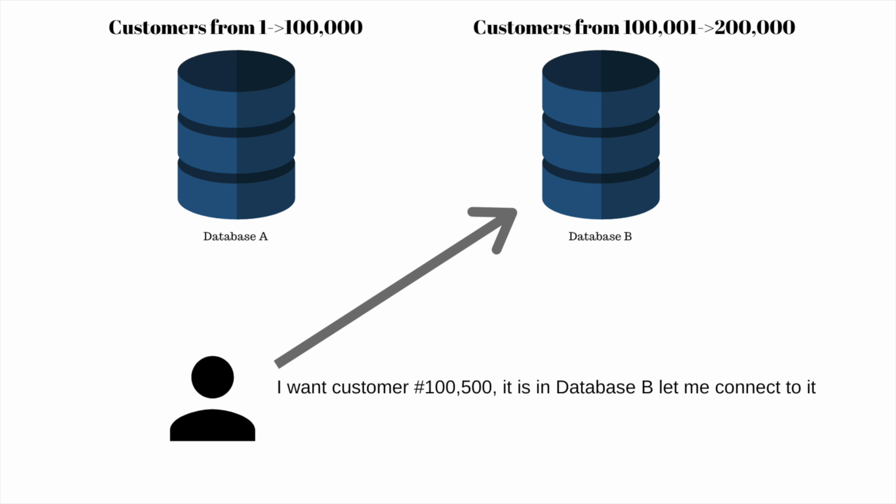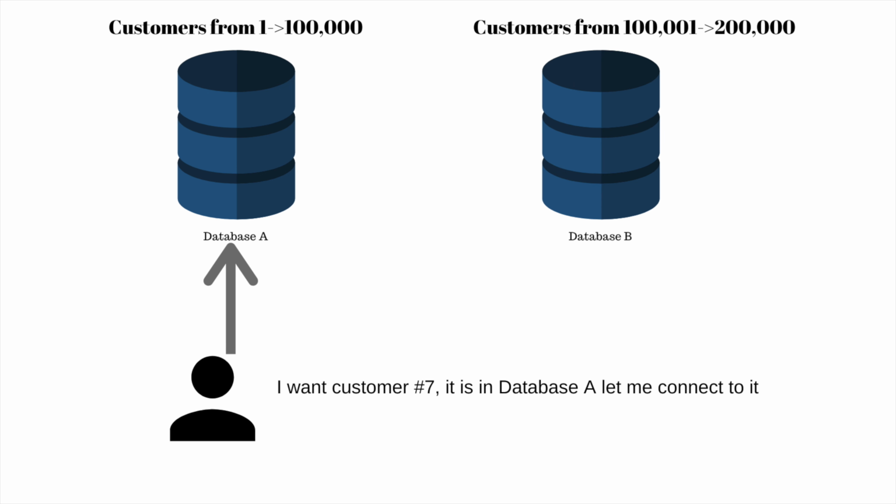From 100,001 until 200,000 go to this table in this database. And you, database clients, know that if you're querying customer number 100, you go to database A. If you're querying customer number 200,005, then go to this database. So that's essentially the concept of sharding.